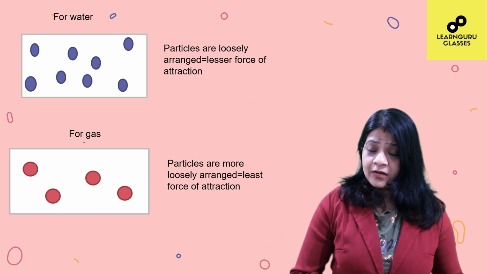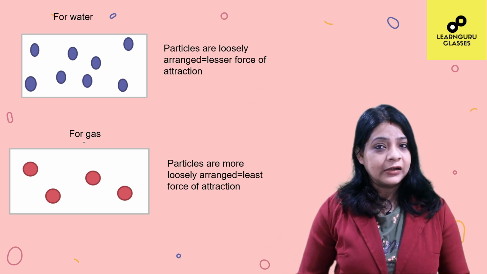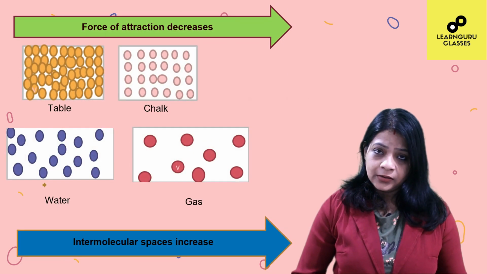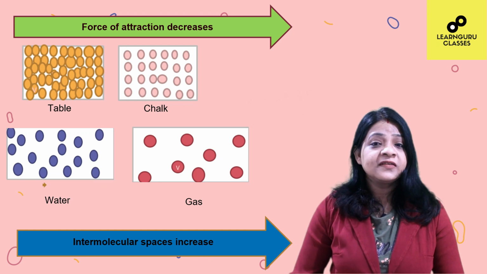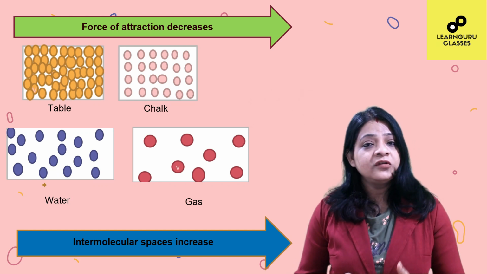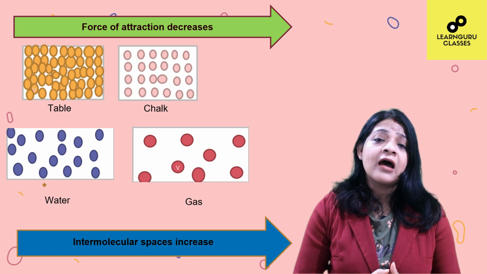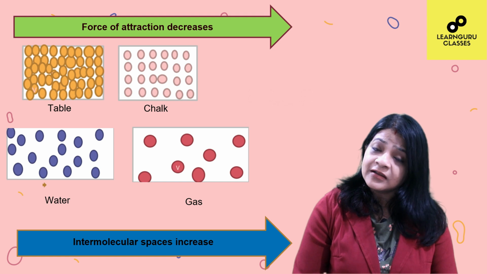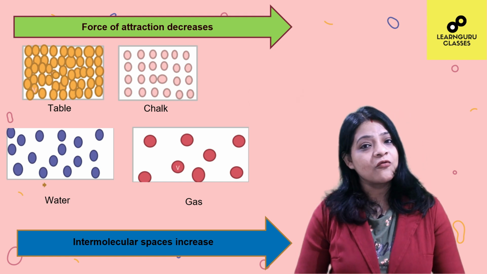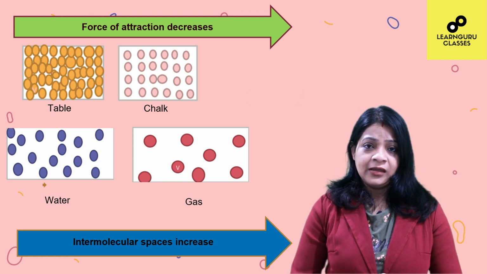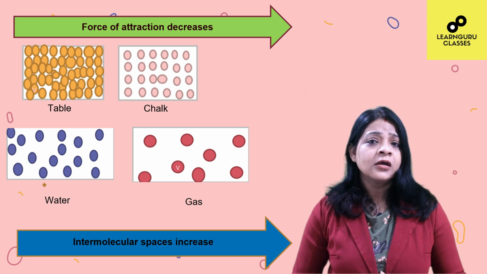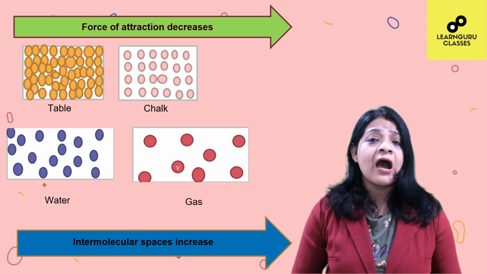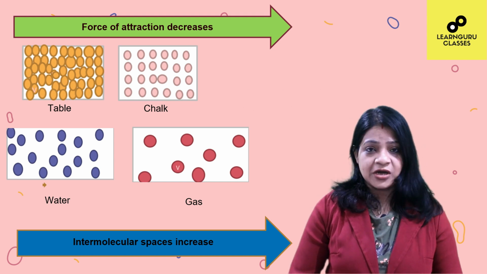If we compare the arrangement of particles in a wooden table, chalk, water and gas, we see that in a wooden table, the particles are very close to each other. That is, they have lesser kinetic energy and more force of attraction. In case of chalk, the force of attraction is a little lesser. They are less close to each other.